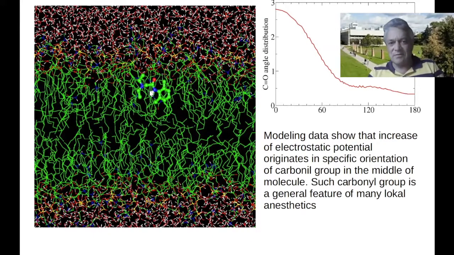This carbonyl group has a dipole moment. And if all the molecules are oriented in this way, this dipole moment gives the main contribution to the increase of electrostatic potential. If you look at the structure of all these local anesthetics, we see that we have a similar group in the middle of the molecule.